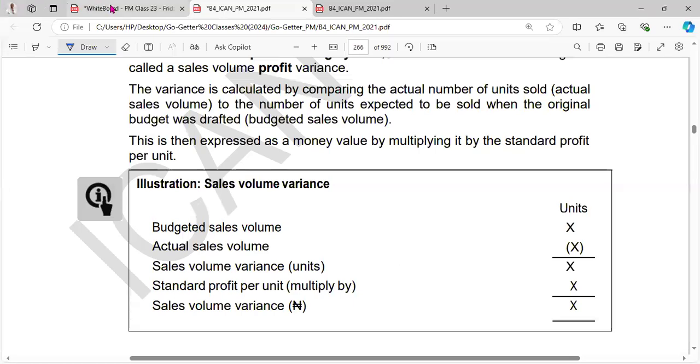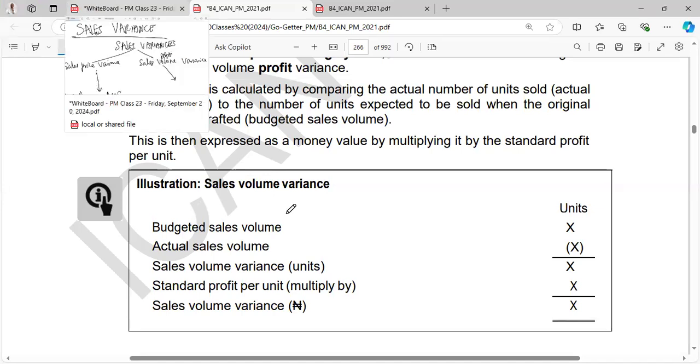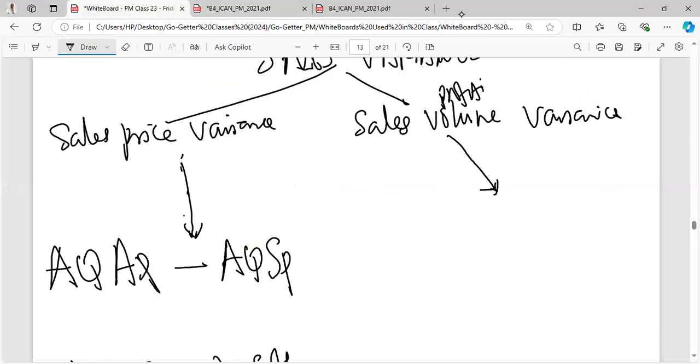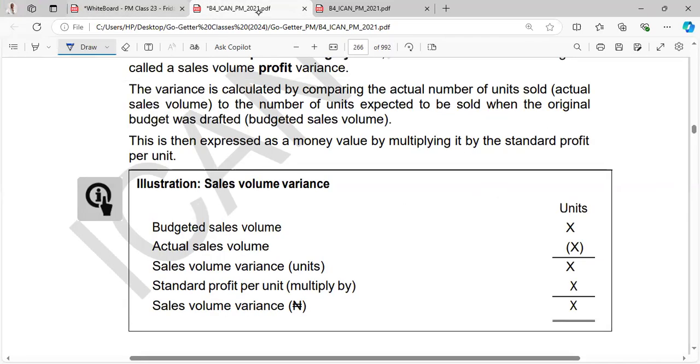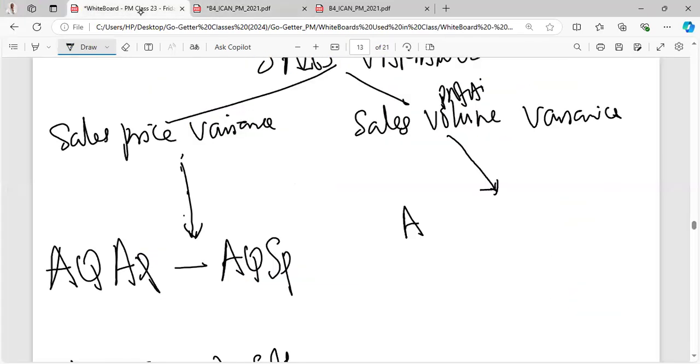So look at how we look at it now. Actual quantity, now we will not put price.